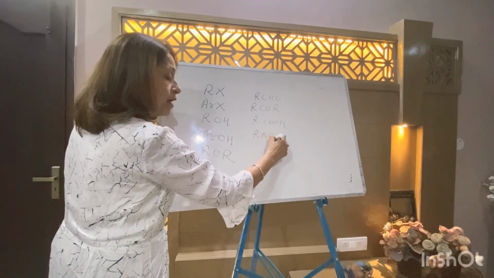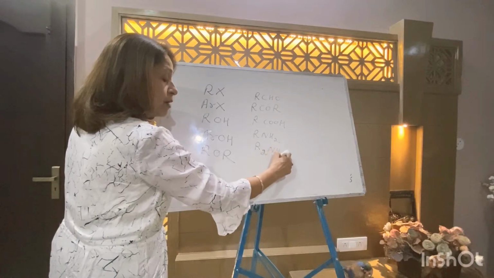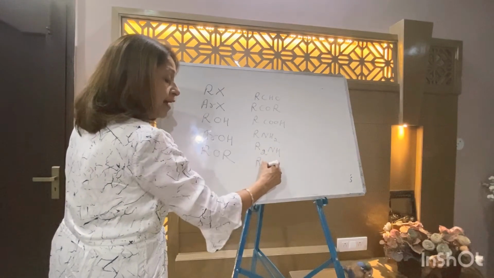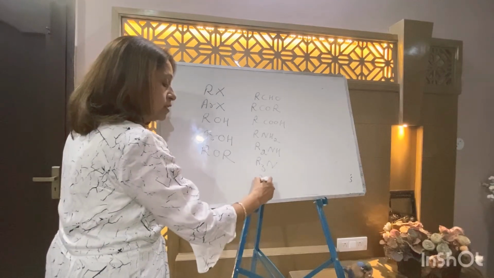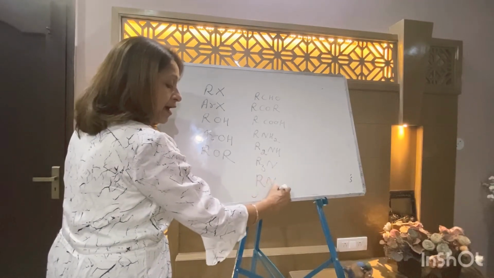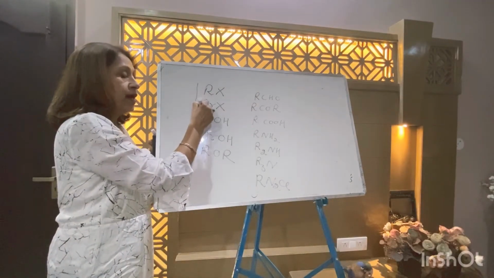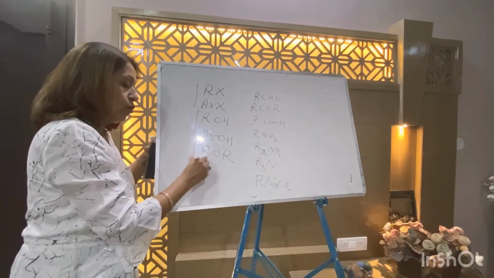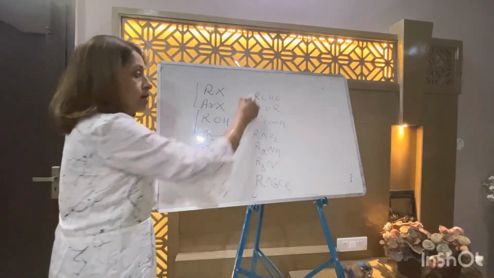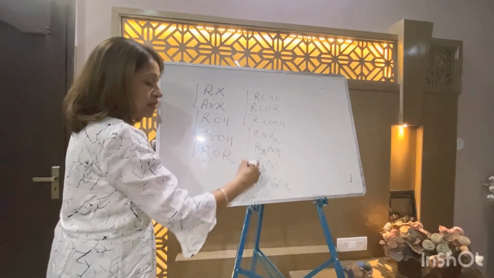RNH2 primary amine, R2NH secondary amine, R3N tertiary amine, and diazonium salt is R or Ar N2Cl. So this is your first chapter, haloalkane and haloarene. Second chapter, alcohol, phenol and ether; then aldehyde, ketone and carboxylic acid, and the last is amines.